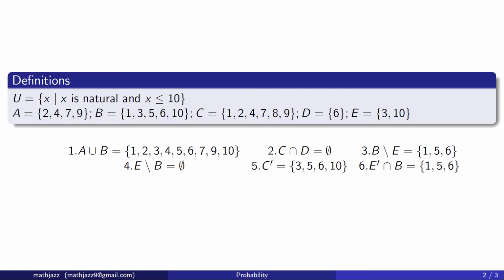A minus B is always equal to A intersect B complement. That's right. So we could prove that these things are always equal. E set minus E is always equal to E prime intersect B. But in this case, we're just proving it for the specific choice of B and E in this specific universe.